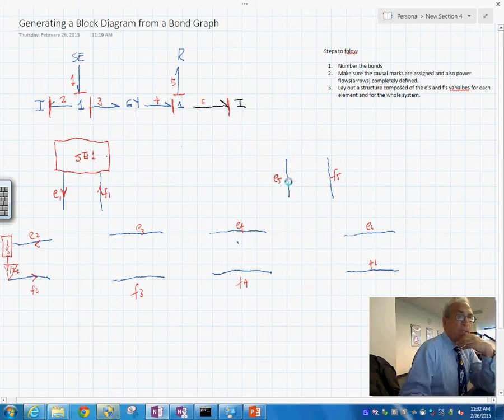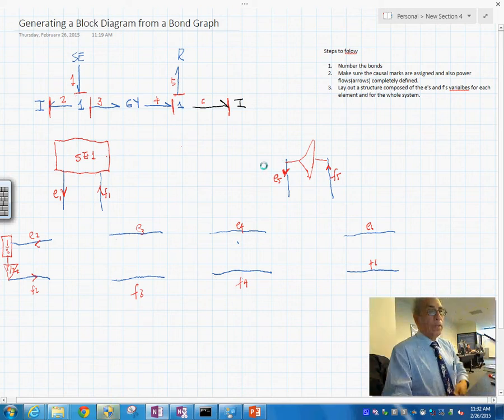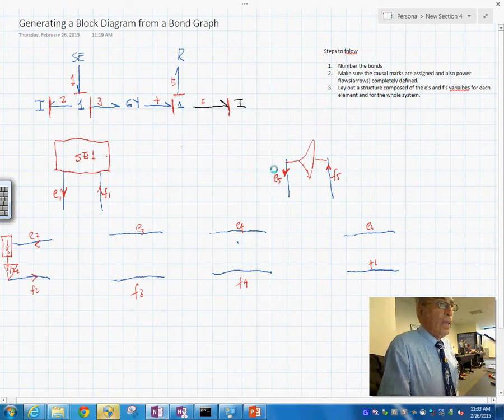The output of this is E. The output of this is E, this one. And this is the input. Okay, so if you have in here, the output is, this is R times F, so this would be the R element over here.